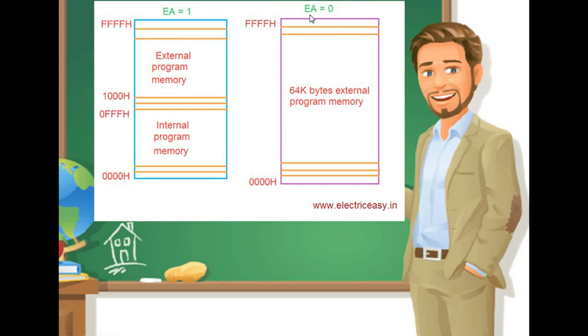And whenever EA complement value is 0, it completely accesses the external memory, that is from 0000H to FFFFH.